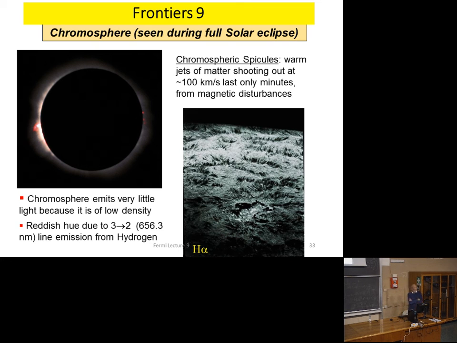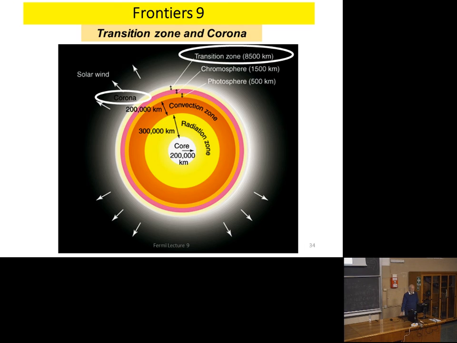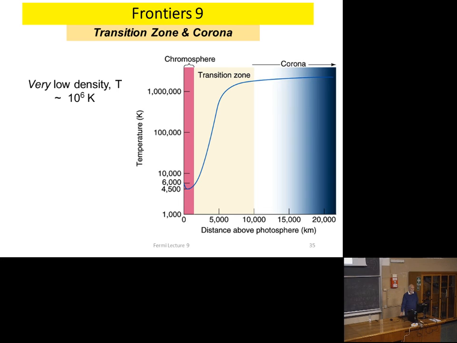Looking at the solar eclipse, in the chromosphere we see warm jets of matter that shoot out at something like 1,000 kilometers a second. They only last for minutes. They're from magnetic disturbances, and they emit very little light because they're low density. And again, this is used to study what the features are of the chromosphere. The transition zone, which is almost now near the surface of the sun, is studied.